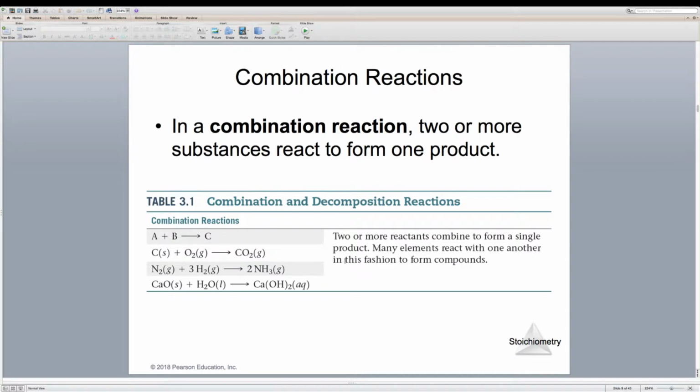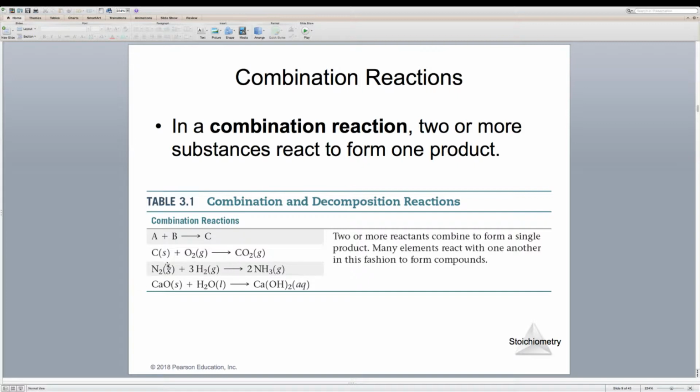So we talk about combination reactions: two or more substances, and it could be any number of substances, but two or more react to form a singular product, right? A singular product. So a combination and decomposition reaction are shown here in the generic format. A plus B gives us C, and we see here solid carbon and oxygen create CO2. We have the Haber process, which is gaseous nitrogen and gaseous hydrogen to create ammonia gas.